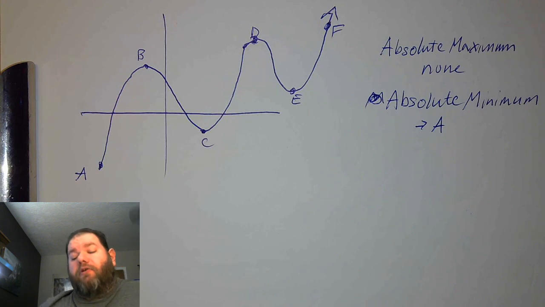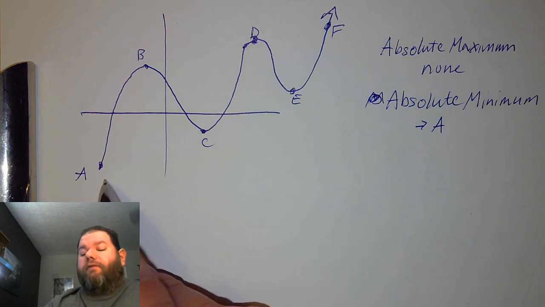A is an absolute minimum, right? A is the absolute minimum, yes. So that is the lowest point in the graph, vertically speaking.